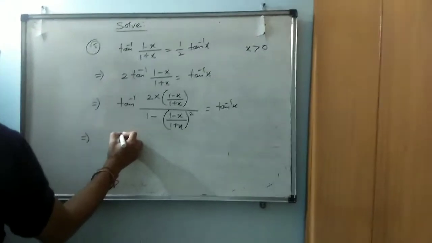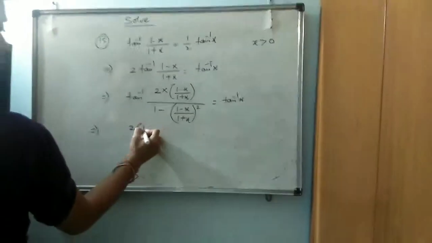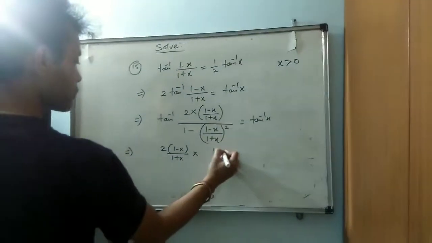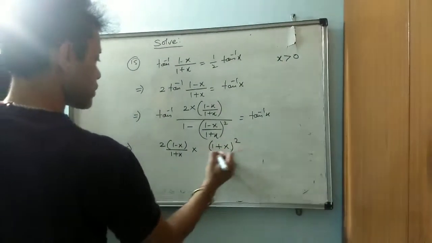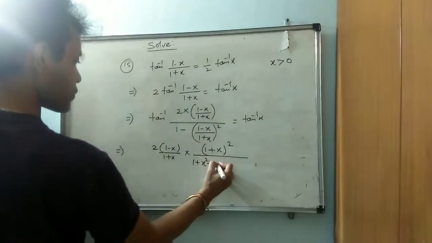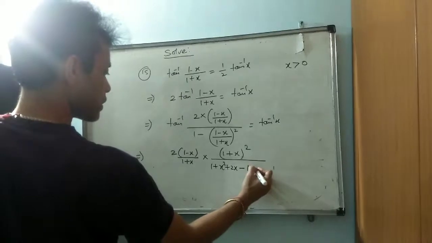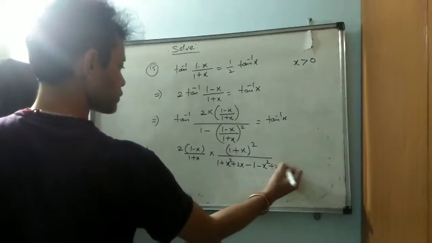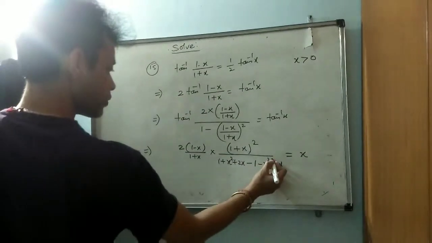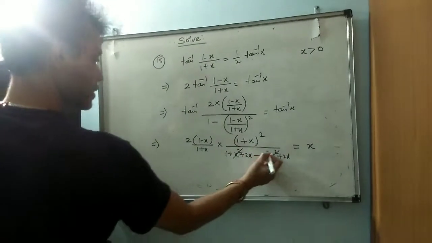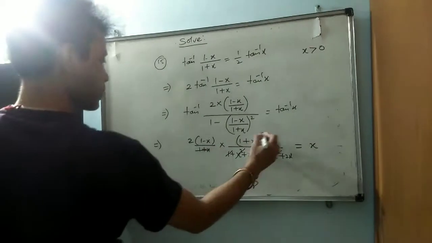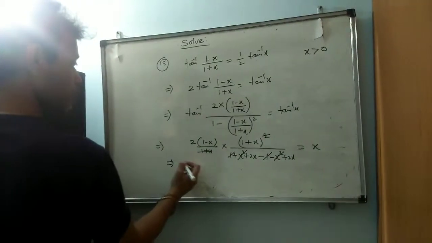On simplification, we are getting 2 into (1 minus x upon 1 plus x) into (1 plus x) whole square, divided by (1 plus x) square plus 2x minus (1 minus x) square plus 2x, is equal to x. When simplified, x square gets cancelled, 1 and 1 gets cancelled, 1 plus x also cancelled.